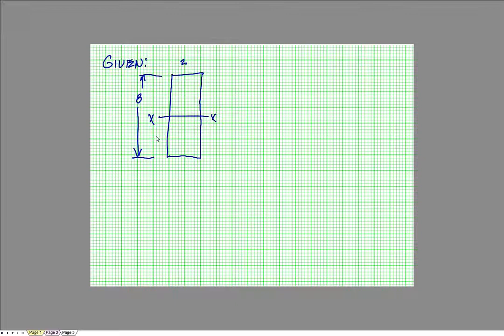The centroid is going to be exactly in the center of that, right? So that's going to be 4 inches. And I want to find my moment of inertia about the x-centroidal axis.